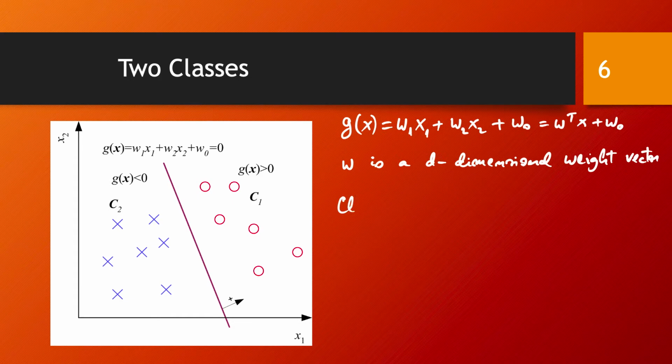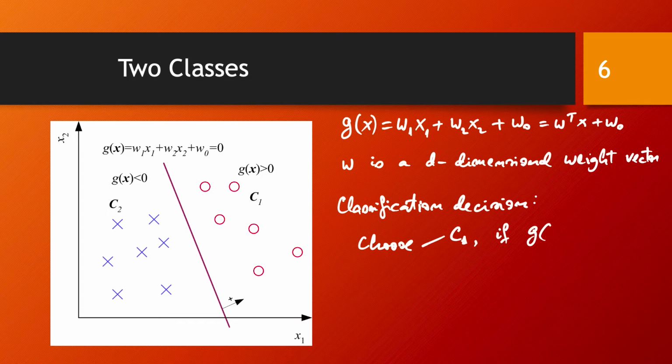So classification decision. We will take a look at g of x, and we are going to choose C1 if this discriminant, so choose for point x, so choose for x C1 if g of x is larger than 0, and choose C2 otherwise.